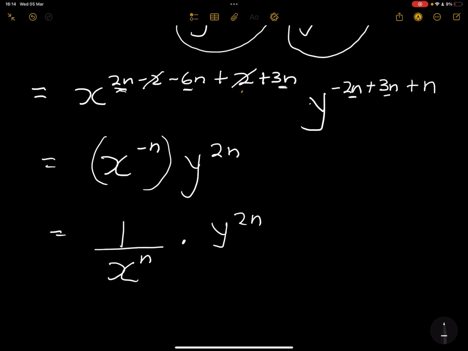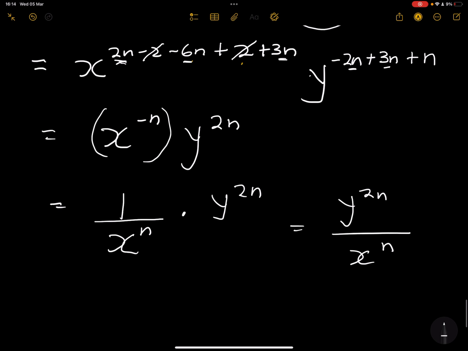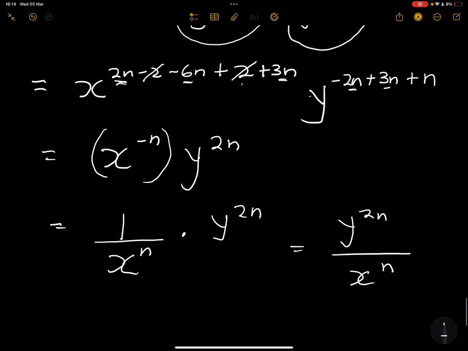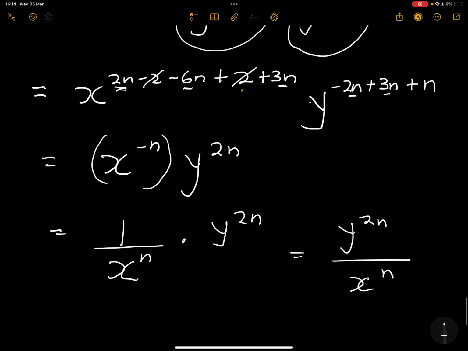And so that will be y to the exponent 2n divided by x to the exponent of n. Now you don't need to have done this all the way through, right? You can give me something that looks like this answer that we had over here, unless the examiner says you need to give that as a positive exponent.